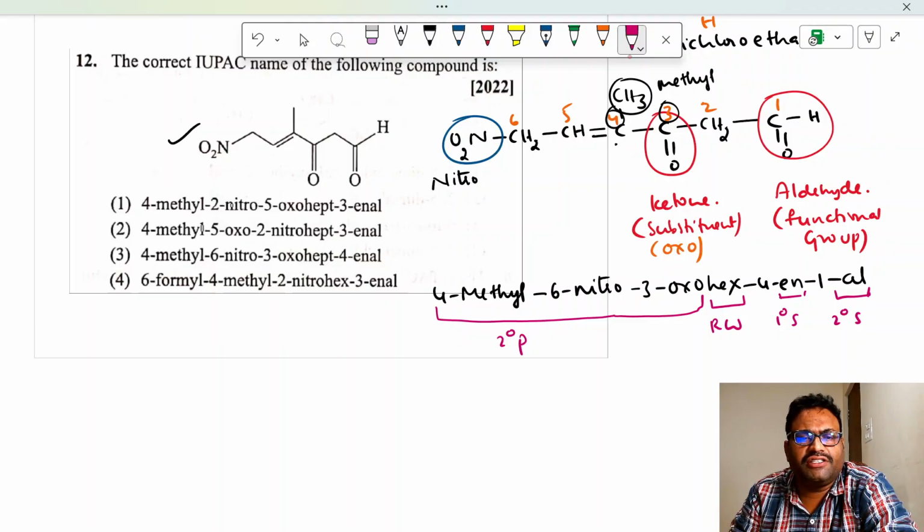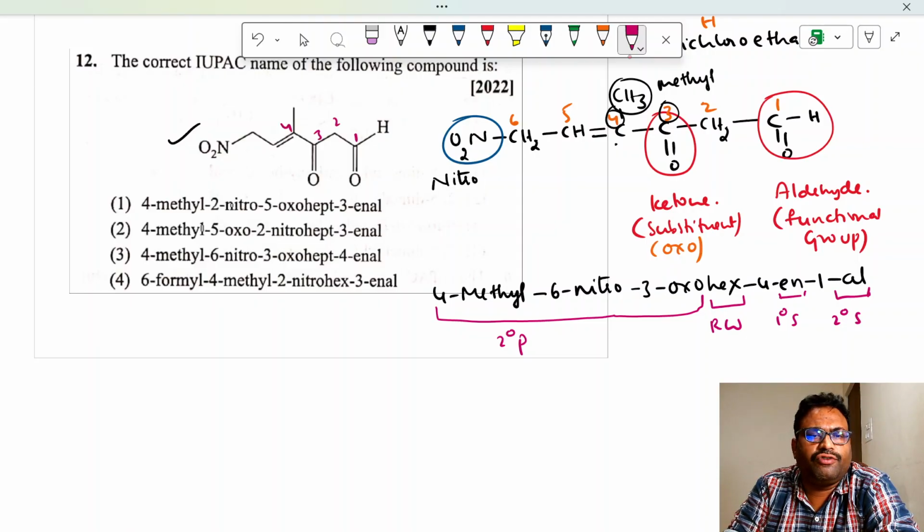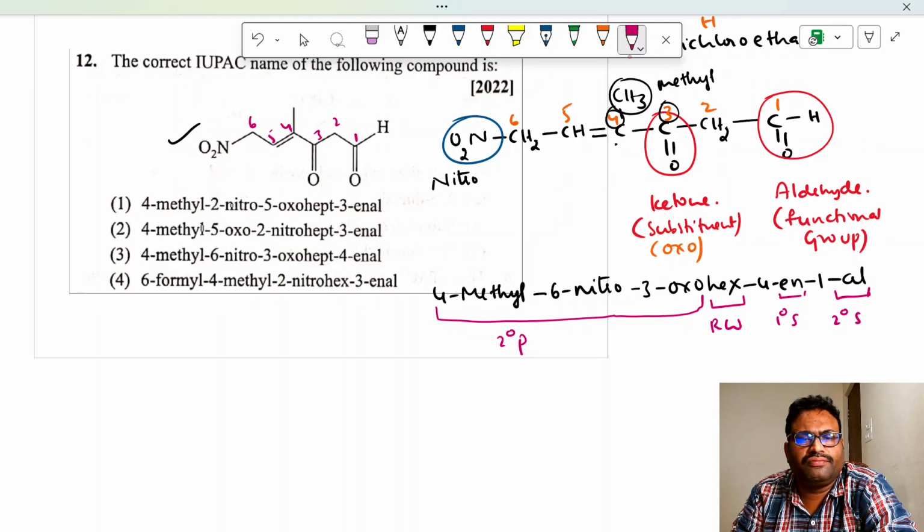So where is this answer? 4-methyl 6-nitro 3-oxo, 1, 2, 3, 4, 5, 6. This 1, 2, 3, 4, 5, 6. Right? 4-methyl 6-nitro 3-oxo hepta. 4, 5, 6.